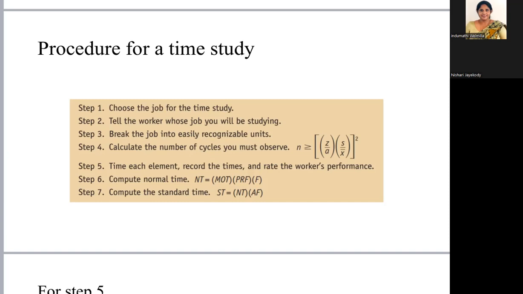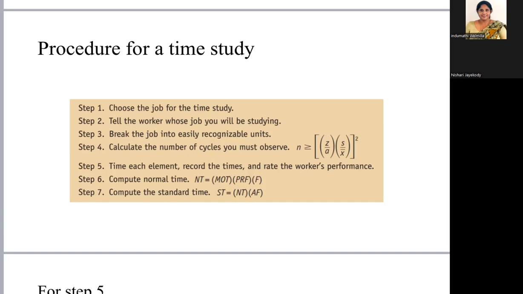So the number of cycles is a function of the variability of observed times, the desired level of accuracy or precision, and the desired level of confidence for the estimated standard time. We often express the desired accuracy level as a percentage of the mean observed time. For example, we might want an accuracy level so that the standard time is within 10% of the true mean time it takes to do the job.